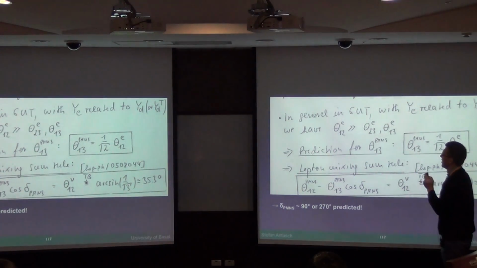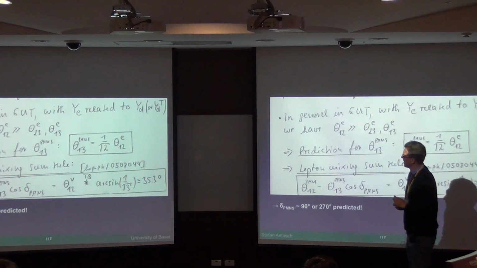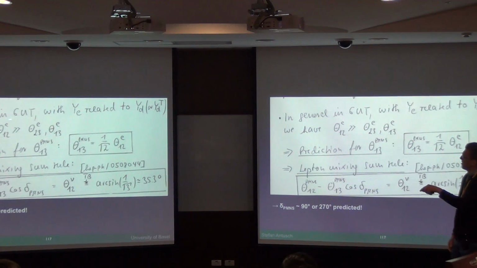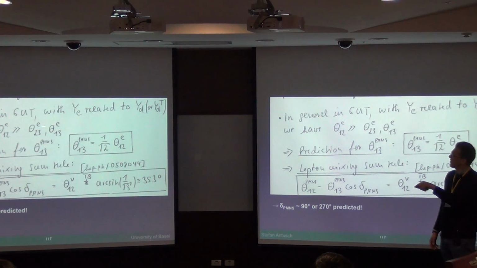Okay, so this is quite generic, and if you assume that in the charged lepton sector, as we just discussed, this 1-2 mixing is the biggest, and the 2-3 and 1-3 mixings from the charged leptons are smaller, that's a similar hierarchy between the mixings as we had in the down quark sector.